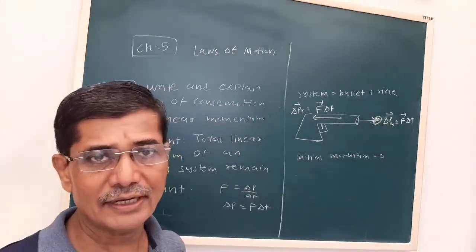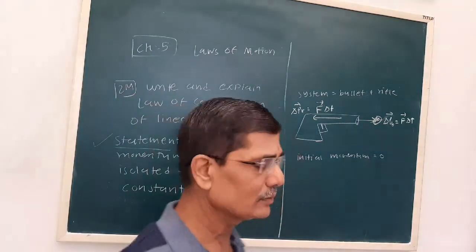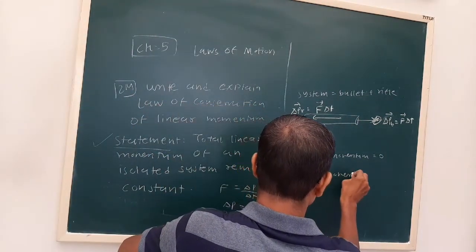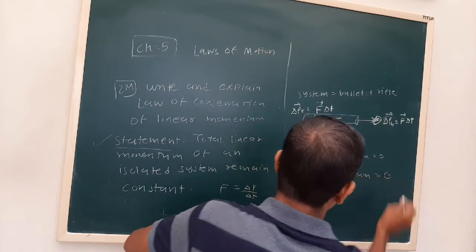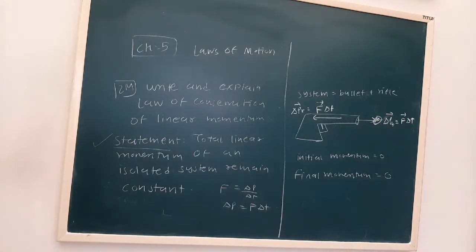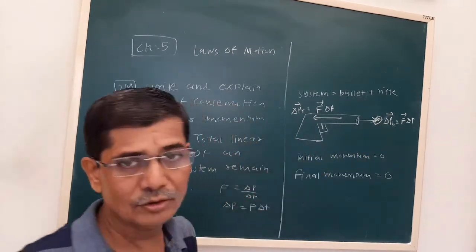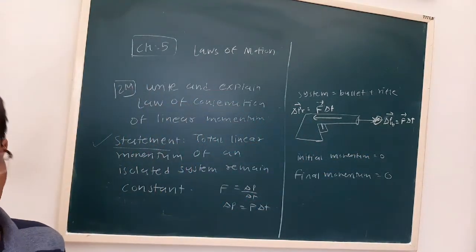Initially the system was at rest, so the initial momentum is 0. The final momentum should also be 0. In that case, delta PB and delta PR should be equal in magnitude and opposite in direction.